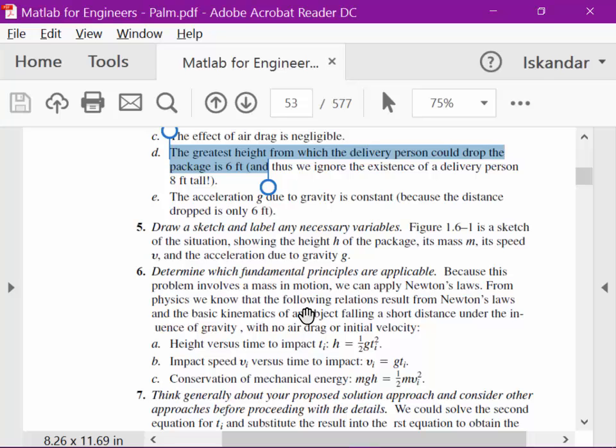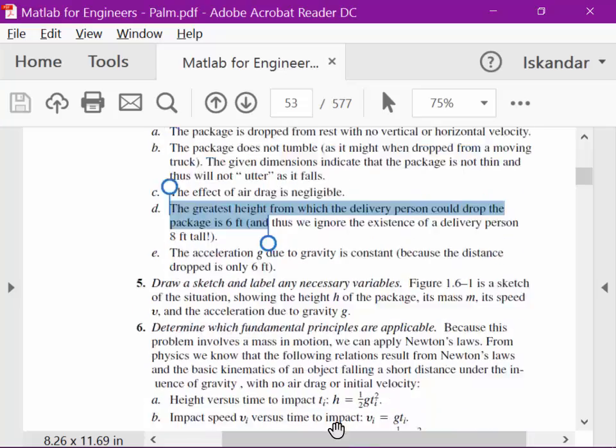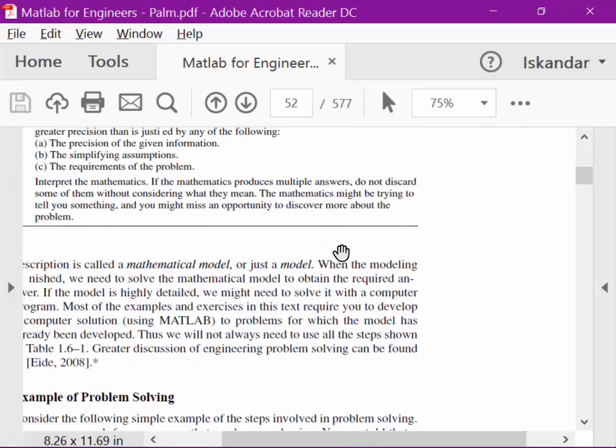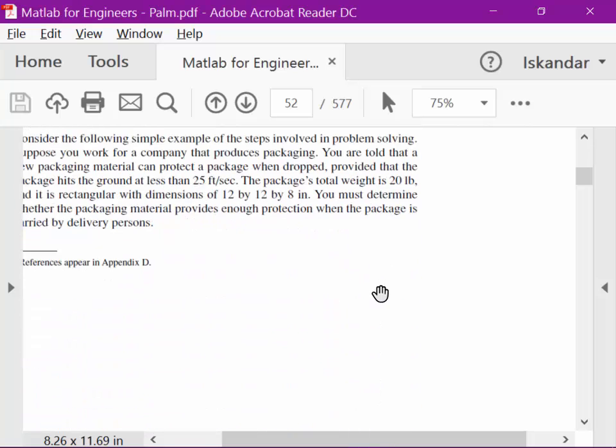So, any other? Is this the example you were wanting me to go through? Interestingly, the weight is irrelevant. The dimensions are irrelevant. When we look at this problem, there's so much information given that will completely confuse a student.